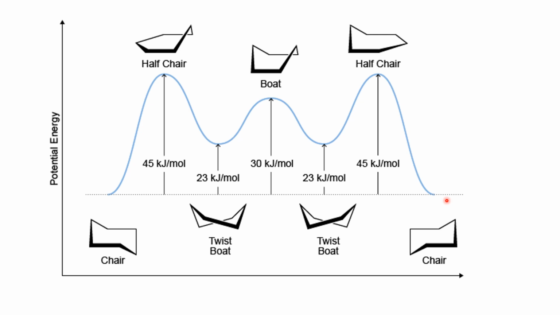That means the cyclohexane molecule moves from chair conformation to boat conformation, again to chair conformation, through half chair conformation and twist boat conformation in different planes. You got it? Take down.